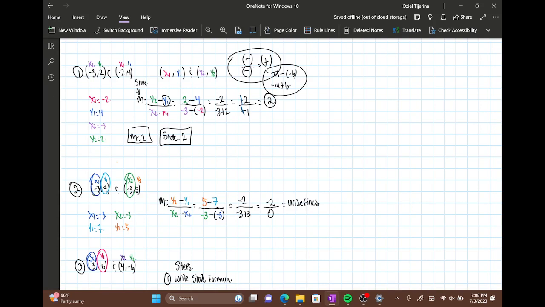I also want to go over how to find the x and y intercepts in the different forms of a linear equation, like slope-intercept, point-slope form, and also standard form.